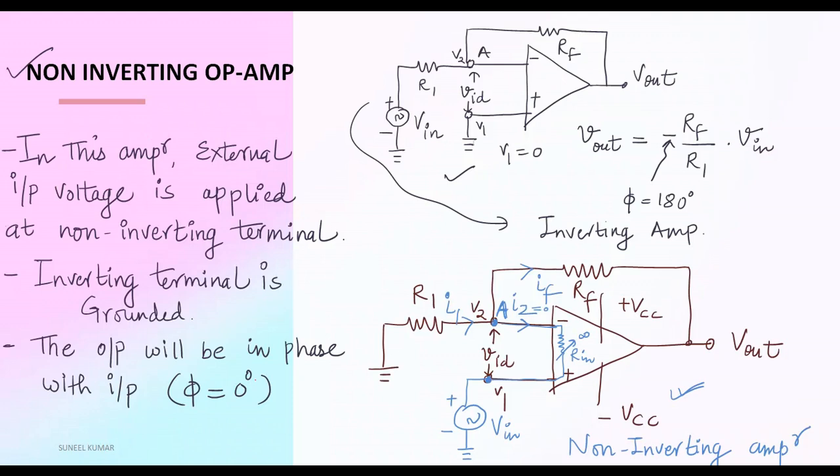Incoming current is I1 and the outgoing currents are I2 and IF. So all the incoming currents are equal to the outgoing currents. So we can write I1 is equal to I2 plus IF, and this I2 current is 0 because of infinite input resistance.